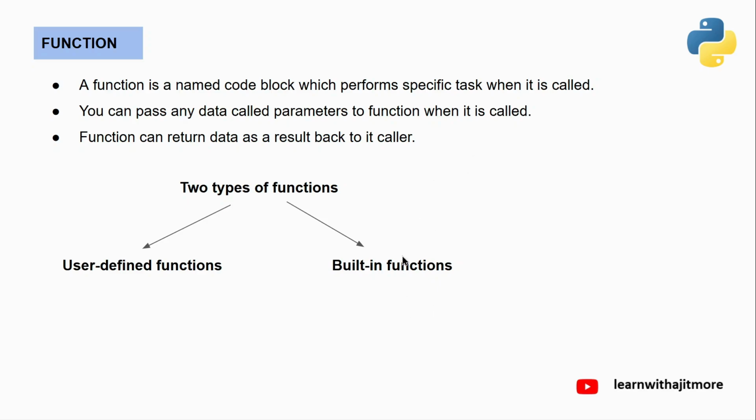Internet से download करके install करते हो by pip command. But we are not developing. We are just using it by calling it. हम develop नहीं कर रहे, develop किसी और ने किया. And user defined, we are only defining it and we are only calling it as per the requirement. अपनी जो requirement है, accordingly we are defining it and then we call it.